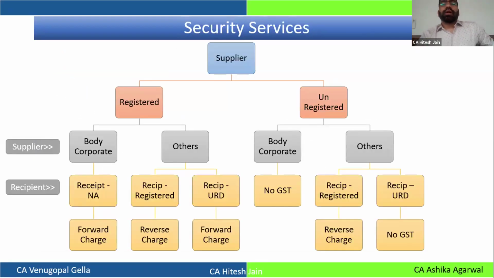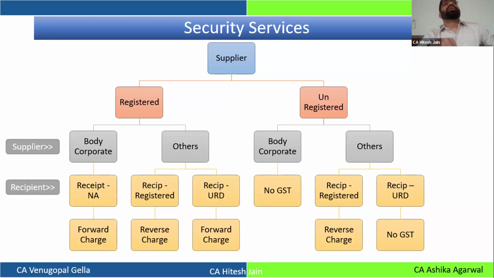If we go to the diagrammatic approach to understand it better, first we have classified the supplier as being registered and unregistered. Now if the supplier is a registered body corporate, then reverse charge is not applicable. It is always forward charge.